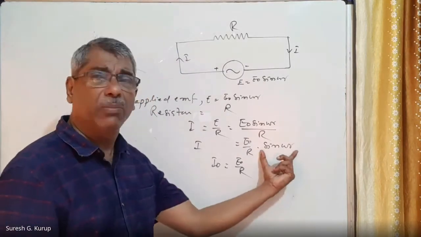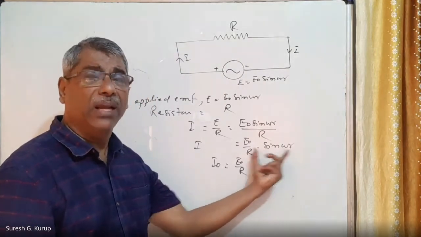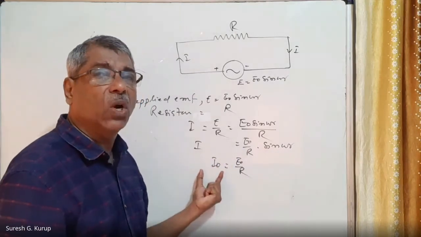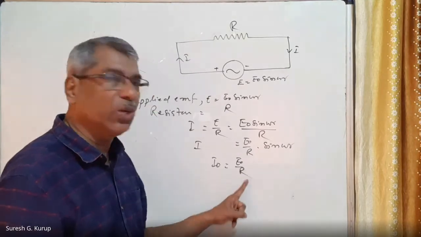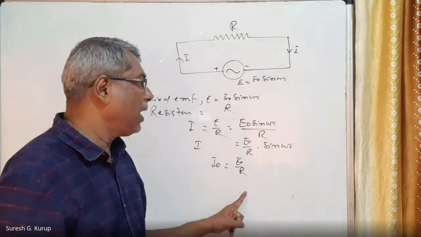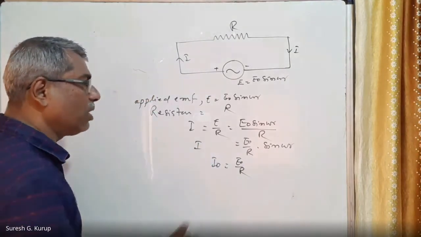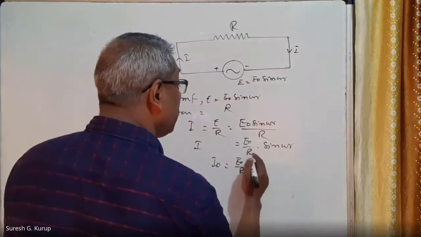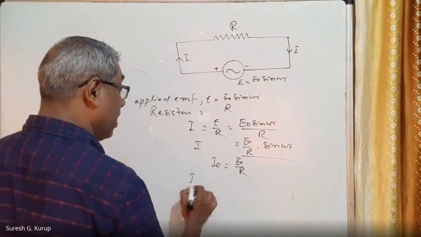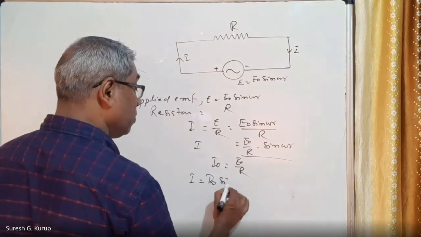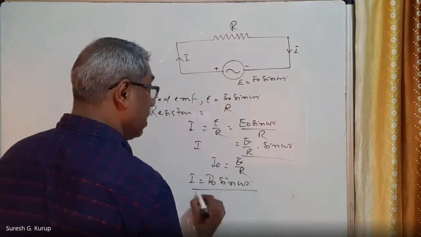When sin omega t becomes maximum, the current becomes maximum, called the amplitude of the AC current. In this case, the amplitude is E0 by R. Hence, in place of E0 by R, we can put I0. That is, I is equal to I0 sin omega t.